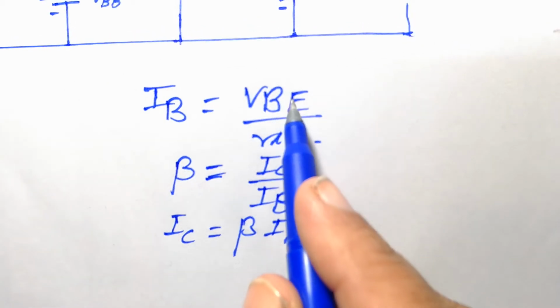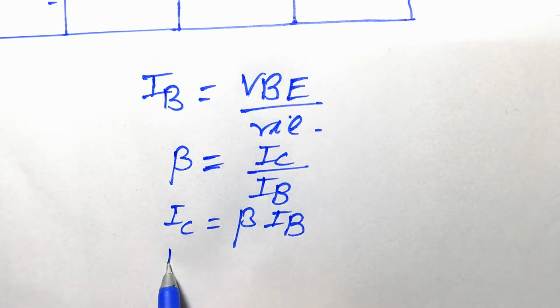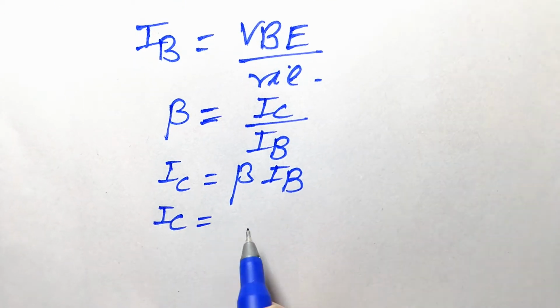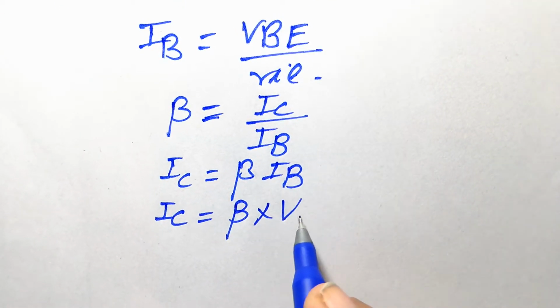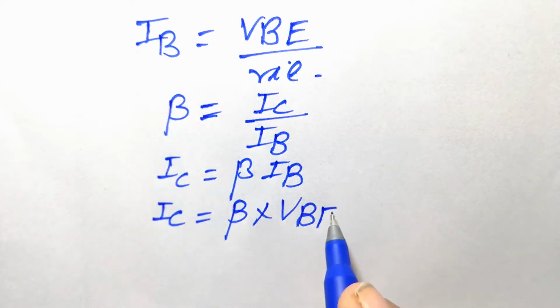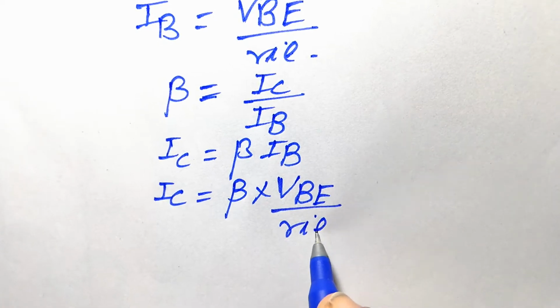Putting the value of IB in that equation, we get IC is equal to beta into VBE divided by RIE.